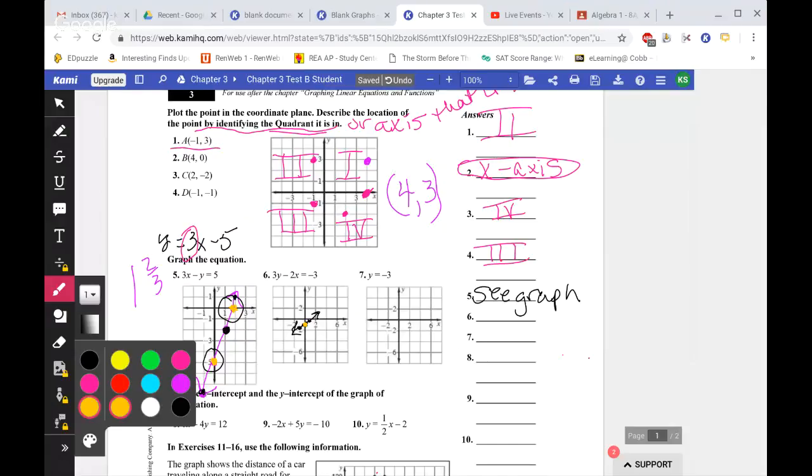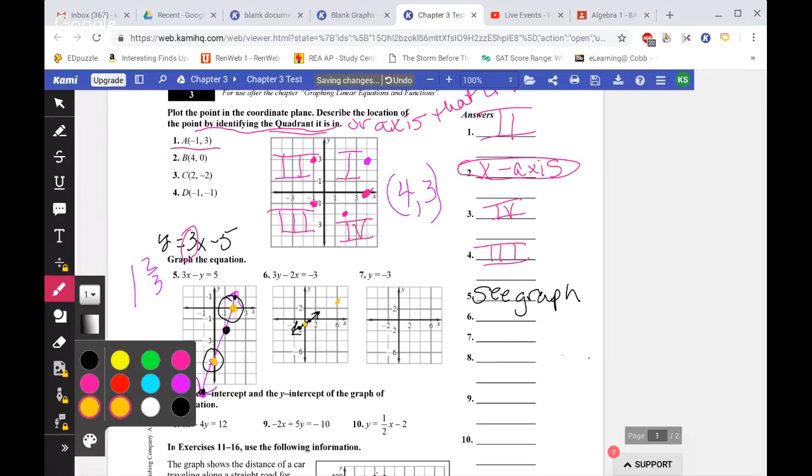But now we're going to use the slope, which is 2/3, to go up 2 and right 3. 1, 2, and then right 1, 2, 3.